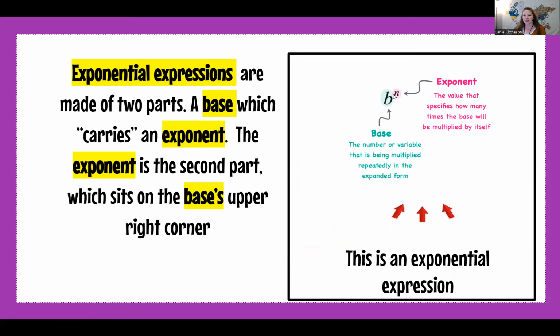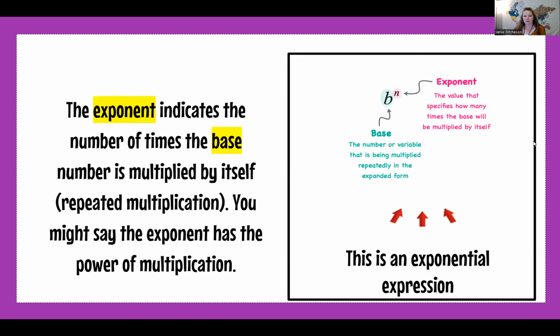The little number is always called the exponent. The whole thing, anytime you have a number or a variable raised to an exponent, is called an exponential expression. The exponent indicates the number of times the base number is multiplied by itself. So basically, we're talking about repeated multiplication. You might say the exponent has the power of multiplication.